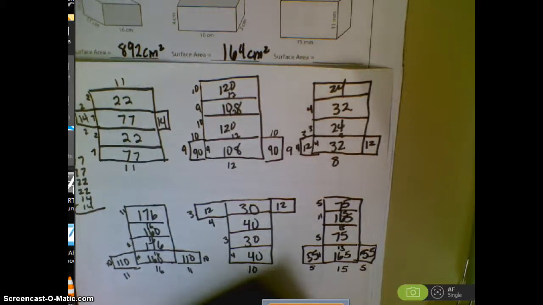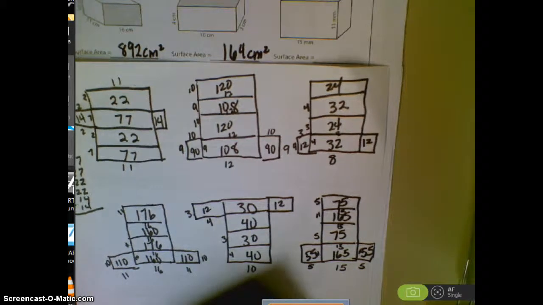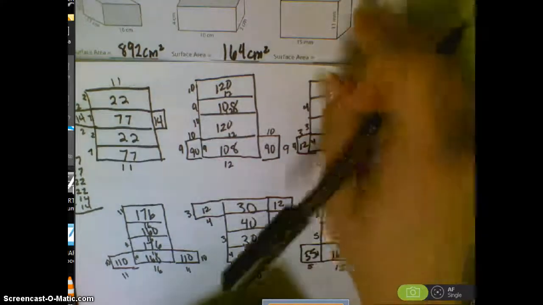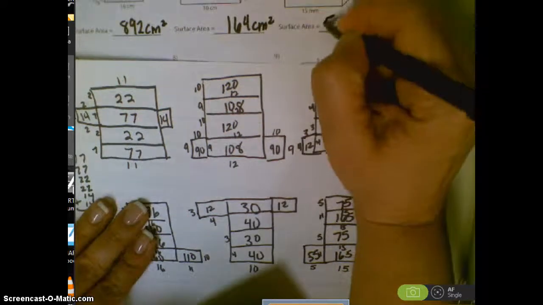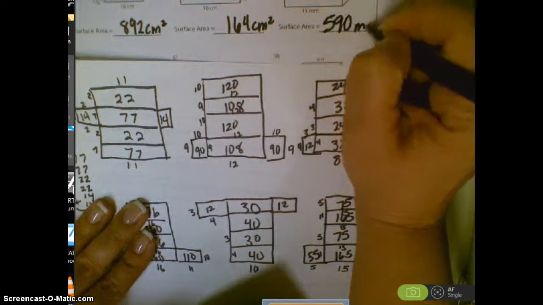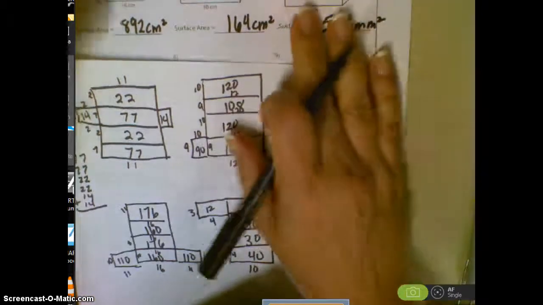Plus another 75, plus 165, plus the 165, plus 55, plus 55, equals 590. And this time we are measuring in millimeters. And we're squaring it because we multiplied it twice.